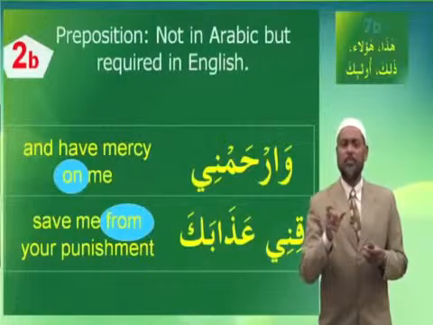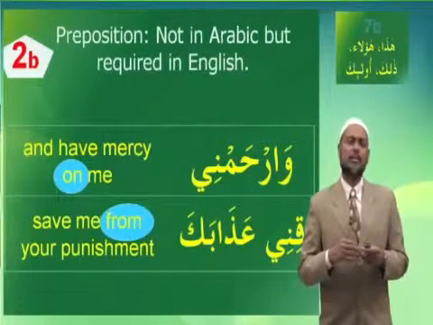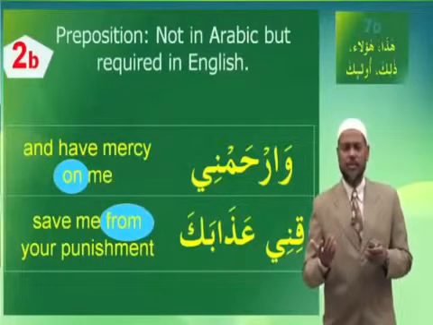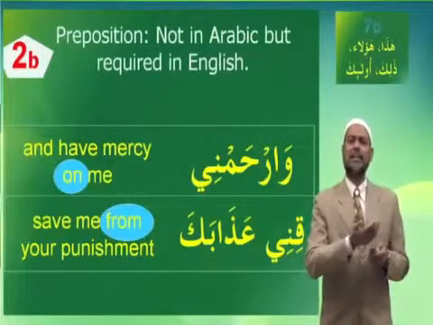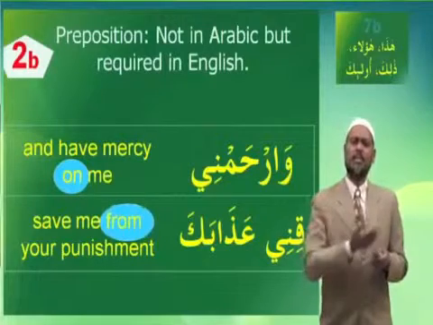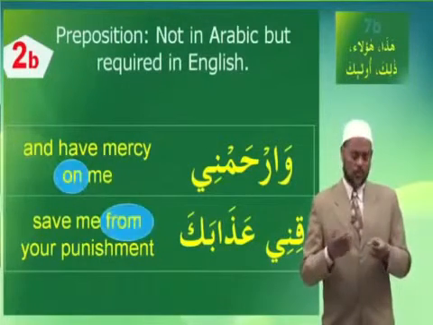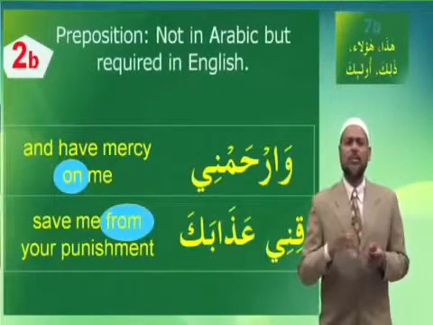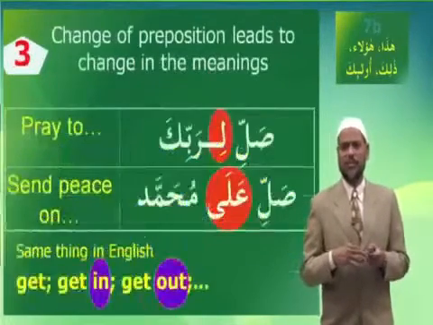You will have to add the preposition from to complete the sense of the sentence. So sometimes a preposition is there in Arabic, not there in English. Sometimes it is not there in Arabic, but is there in English. It depends on the verb that you are translating. And if you understand these simple points, then you will not have any confusion when it comes to prepositions.